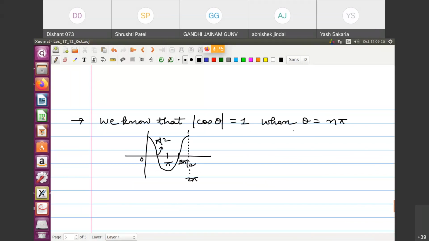Okay, and I think n should be a positive or negative integer. This should be like this: -3, -2, -1, and 0 also is an element of this.